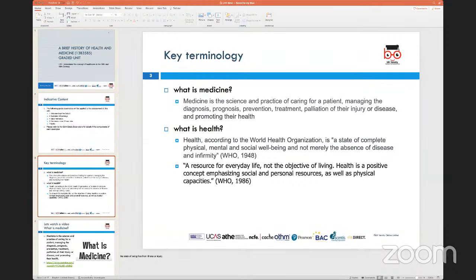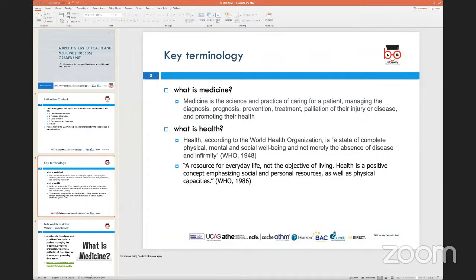And this dimension, which contributes to the overall fitness of an individual, leading a meaningful and quality life, would include physical, mental, and social well-being, and that would be defined as the concept of health.